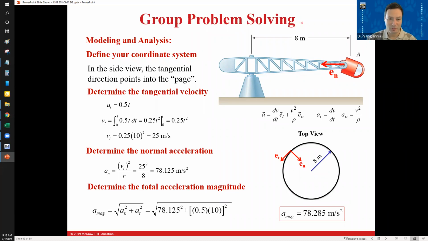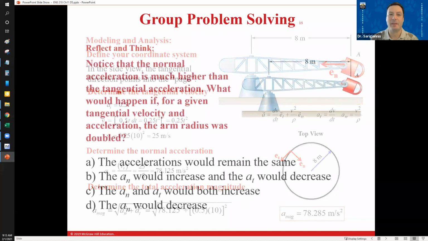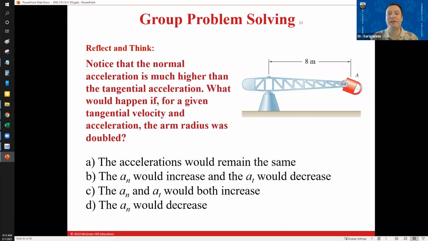Tangential is 0.5 times 10 squared, so 25. So normal acceleration is higher than the tangential acceleration.